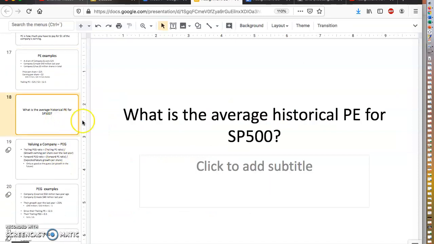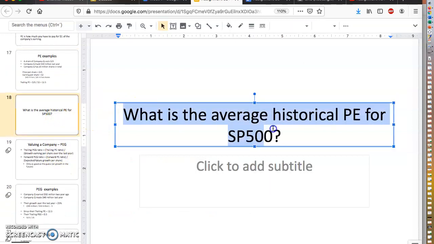Okay. One of the things you're going to be asked to do in that worksheet is to find the average PE for the S&P 500. And this is the average historical PE. So we're not talking about the PE right now. We're talking about over the past blank number of years, what has been the PE for the S&P 500?